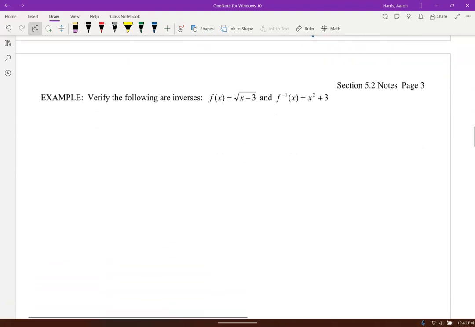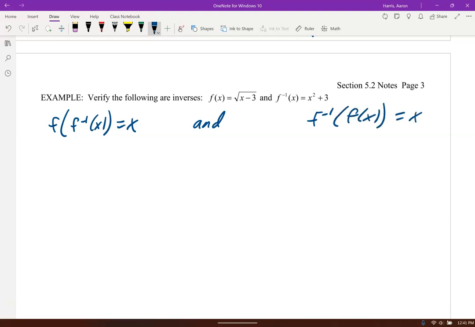So let's go ahead and verify if these two are inverses or not. Well, if they are inverses, then f of f inverse of x would be x, and f inverse of f of x would also be x. So let's go ahead and test this and verify if they are or are not. Okay.